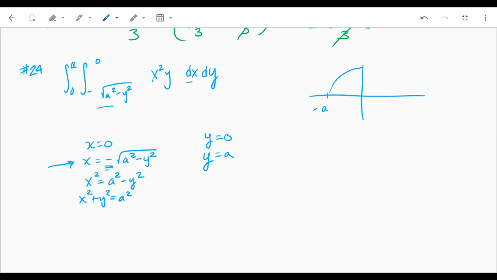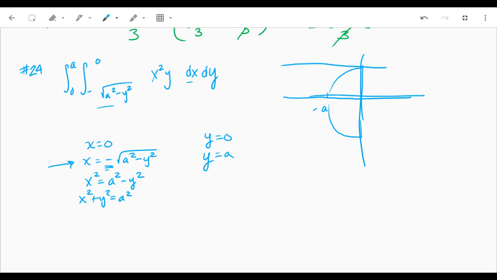Okay, so that's the only piece that we want there, only the negative x's. And technically, we could go below. But we also want to be between y equals 0 and y equals a.